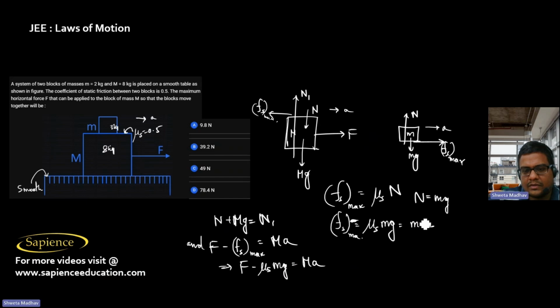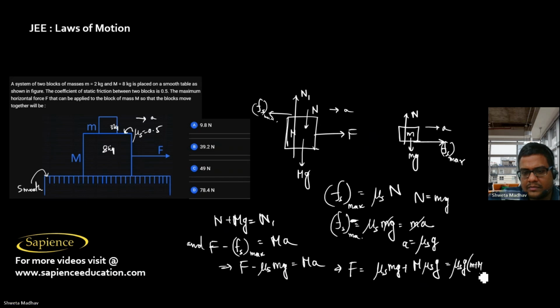Now therefore from here we can say acceleration is equal to mu s into g. So therefore F will be equal to mu s mg plus Ma, M into mu s into g. So this will be mu s into g into M plus m.